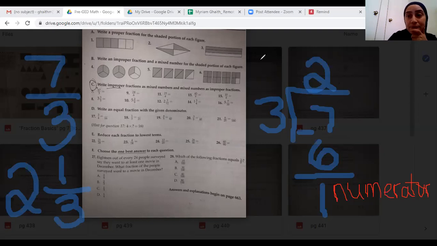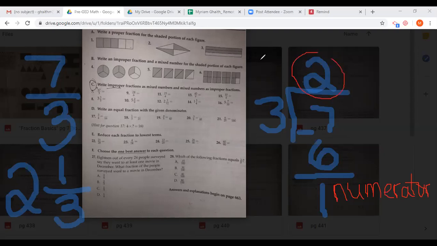What about the 2 up here for our answer? What did this 2 become? This became the whole number of my mixed fraction. Look, see it?